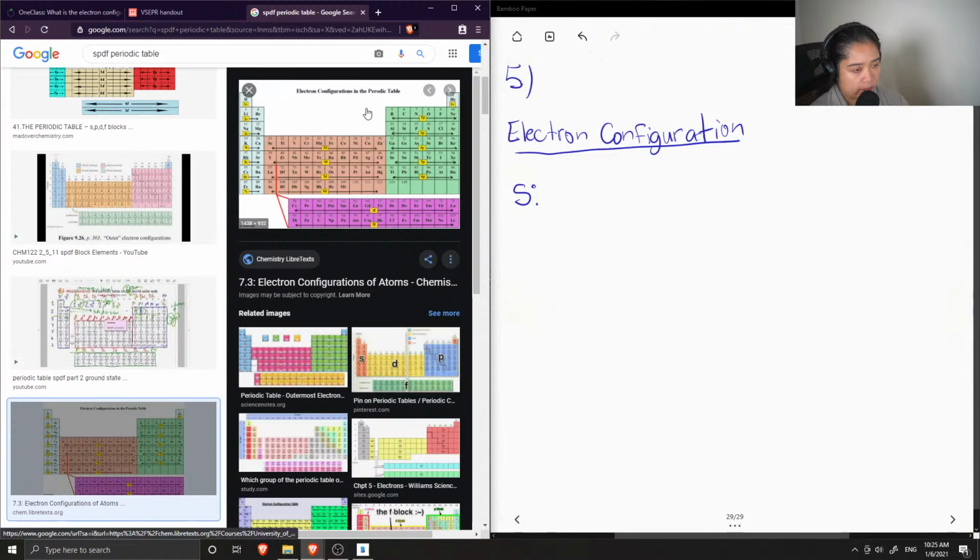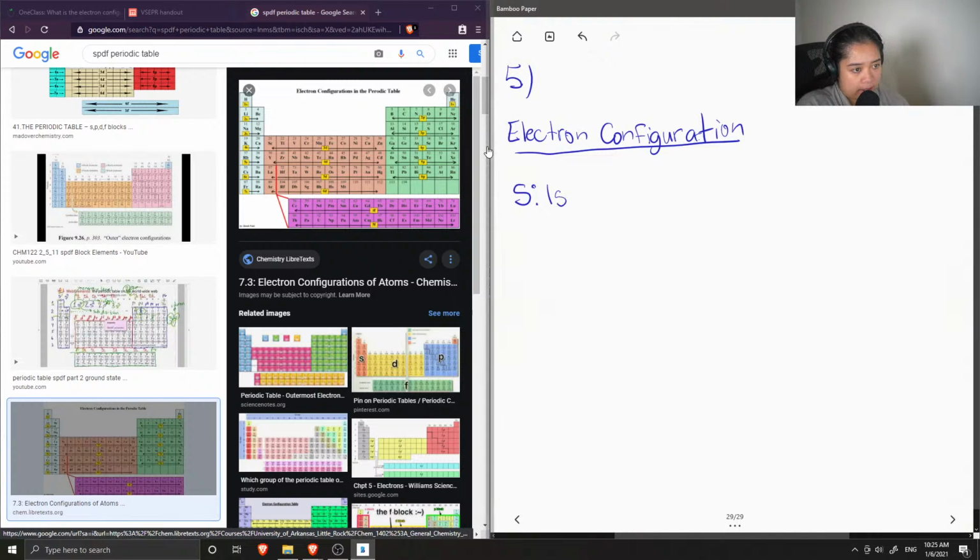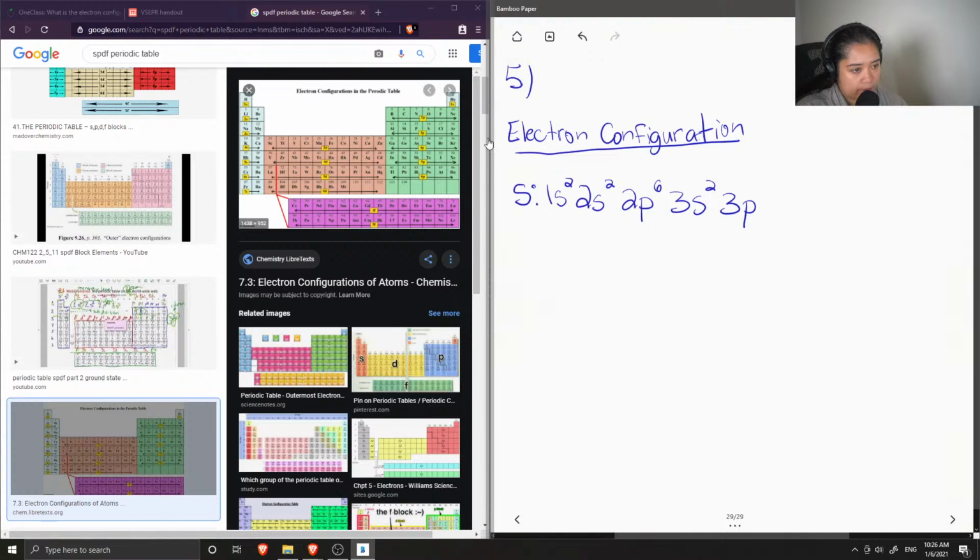So we would write the row number and then the block letter and then show how many electrons would be in that orbital. So starting at hydrogen, we have 1s, then going across is 1s2, and then onto the next row with the lithium and beryllium, we have 2s2, and then going across to 2p, we have 2p6, and then onto the next row, which is 3s2, and then skip over to 3p, and then to get to sulfur, we just need to count up to it.